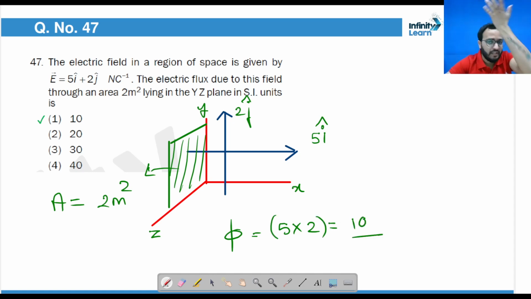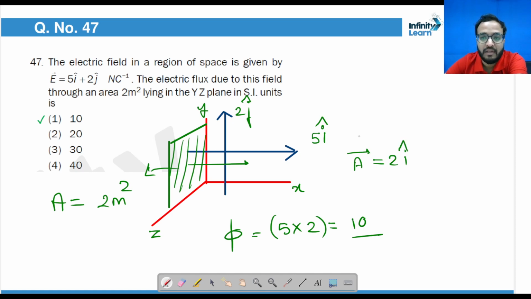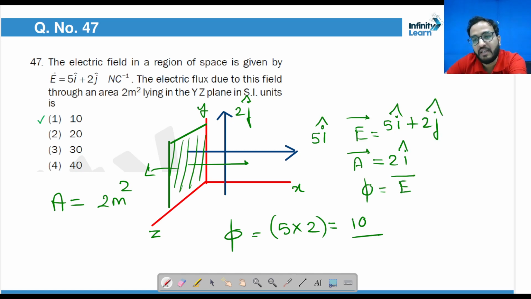Got it? Otherwise, you can write the area vector as 2 i cap, and the electric field is 5 i cap plus 2 j cap. So flux is vector E dot vector A. Then also you will get the answer 10, right?